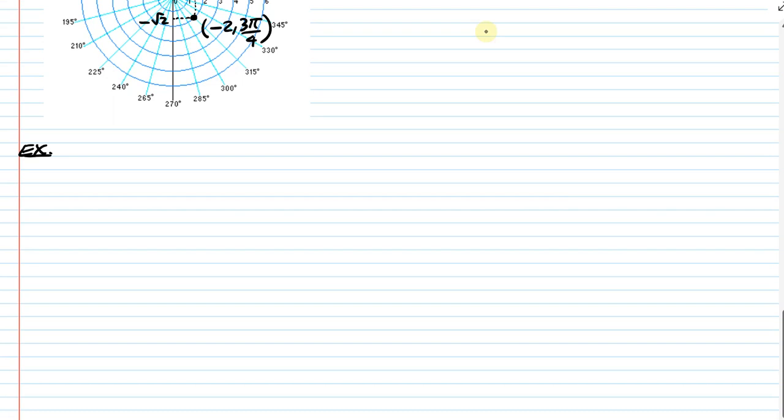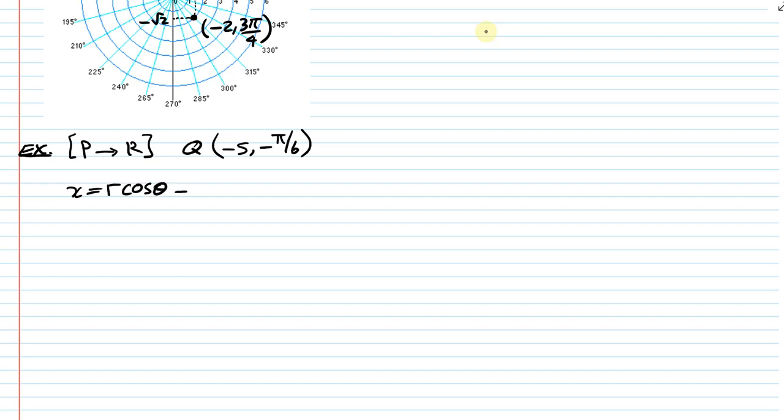Suppose we just want to plot the point here again, and we're going again from polar to rectangular just to do a couple of examples. This time point Q, let's say this one is negative 5 and negative pi over 6. Okay, now remember pi over 6 is 30 degrees. So let's do our x. X is r cosine theta, so that's going to be negative 5 cosine of negative pi over 6.